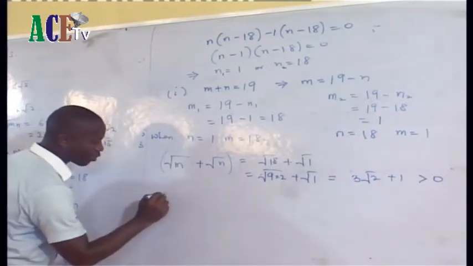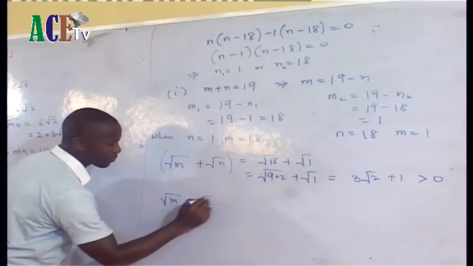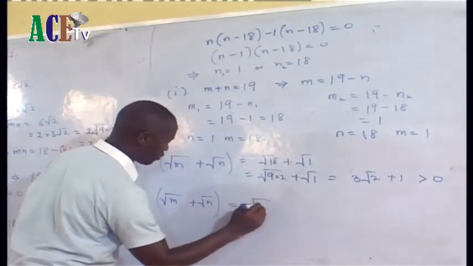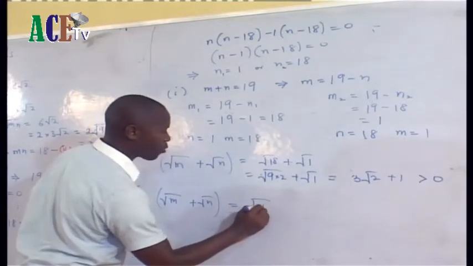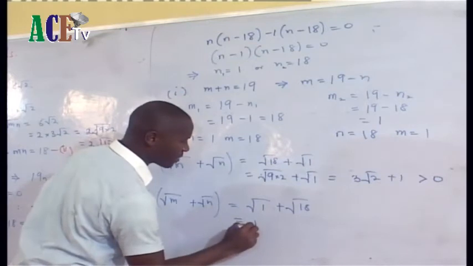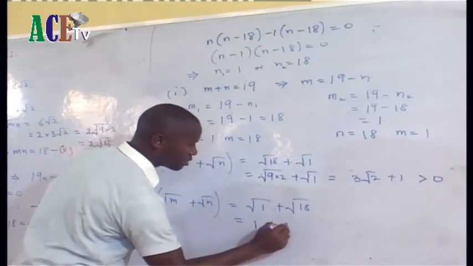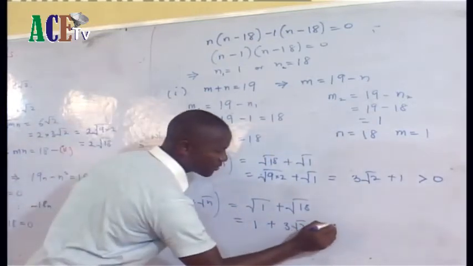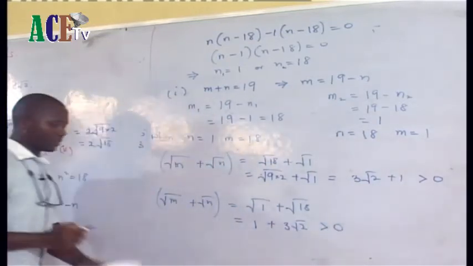Now we try the second one as well. Here we have the square root of 1 plus the square root of 18, which is the same as 1 plus 3 root 2. This also gives us a positive square root.